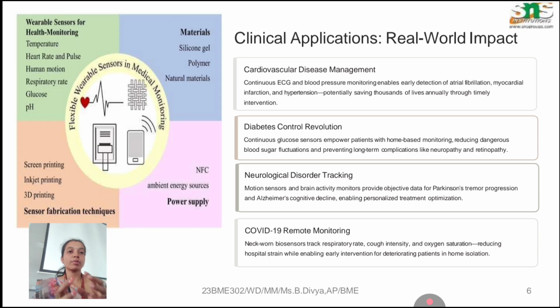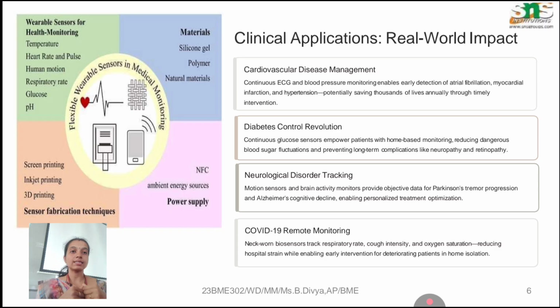Continuous ECG and blood pressure monitoring enables early detection of atrial fibrillation, myocardial infarction and hypertension, potentially saving thousands of lives annually through timely interventions. By analyzing these, we can save many people with timely care.